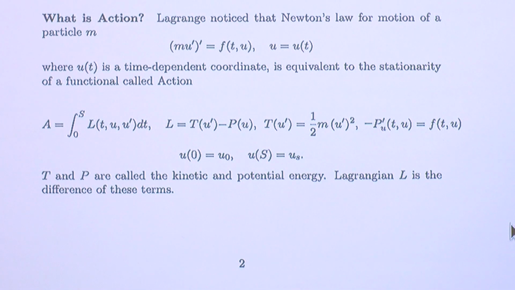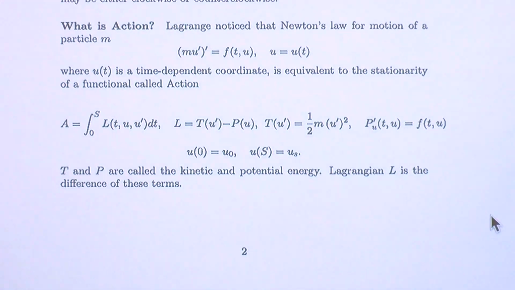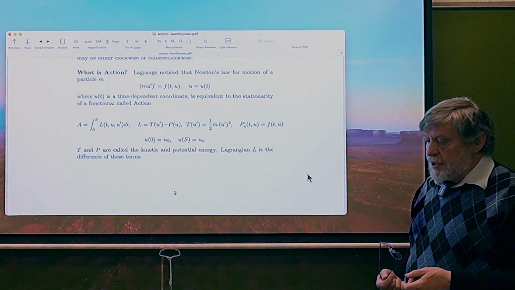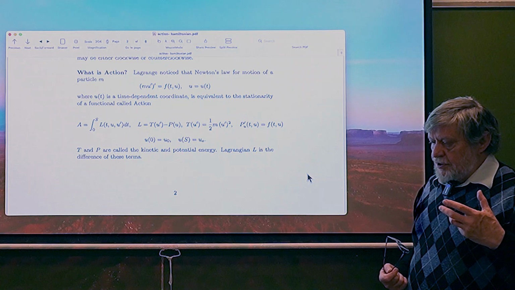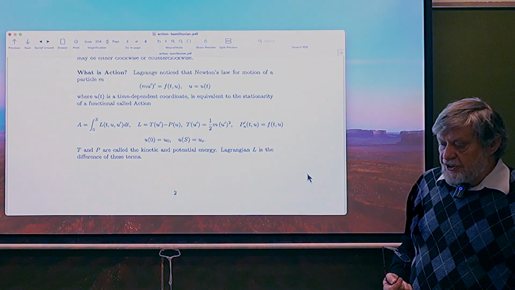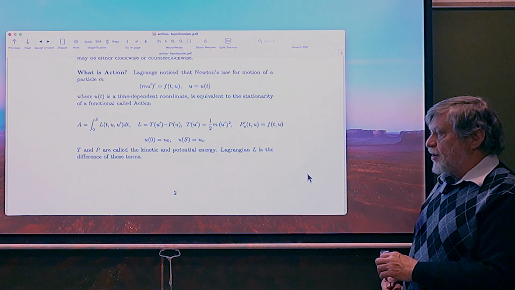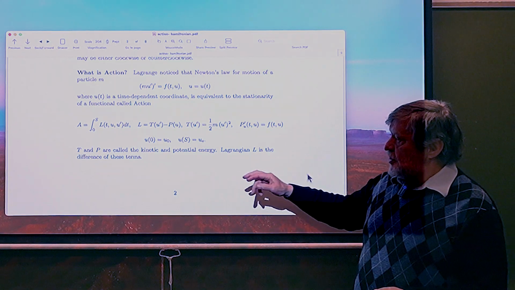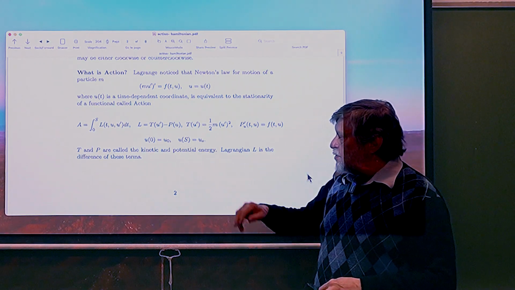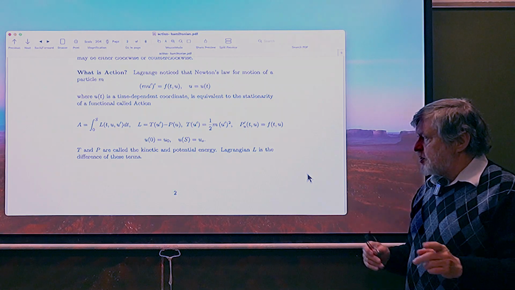Now, this is a little bit different from the equations of motion which are usually used. In the latter case, we know the initial position and initial speed, and then we follow the evolution of the motion. In this case, we know the starting point and the end point, in the past and in the future.